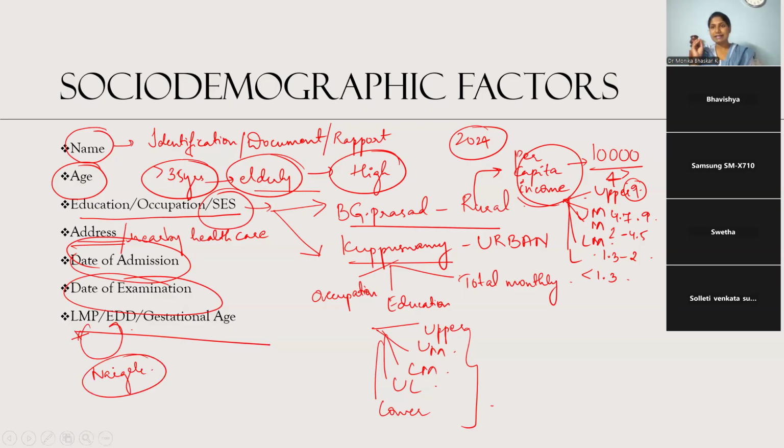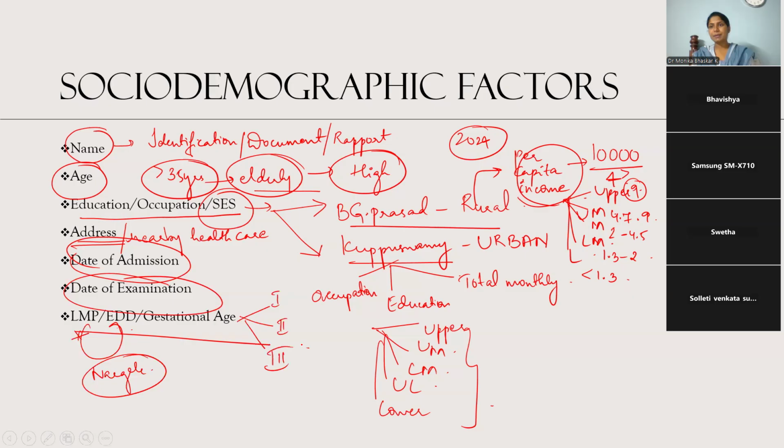You add 7 days plus 9 months to her last menstrual period, and then you compute her expected date of delivery. And today, what her gestational age is must be calculated, and this gestational age assessment has to be done to categorize whether the woman belongs to first trimester, second trimester, or third trimester.